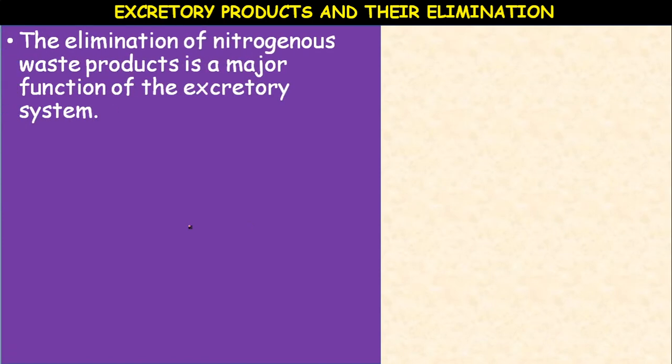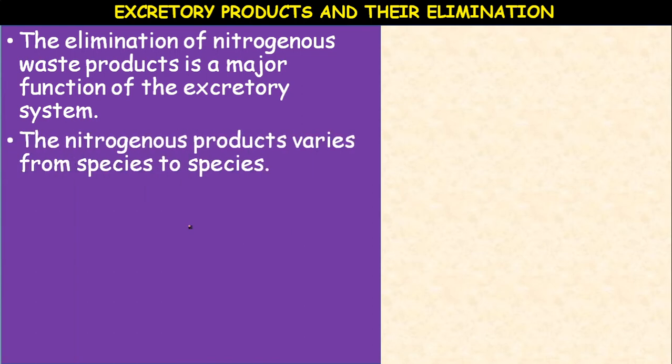So let us see. The elimination of nitrogenous waste products is a major function of excretory system. Simultaneously, the nitrogenous products vary from species to species, from animal to animal.